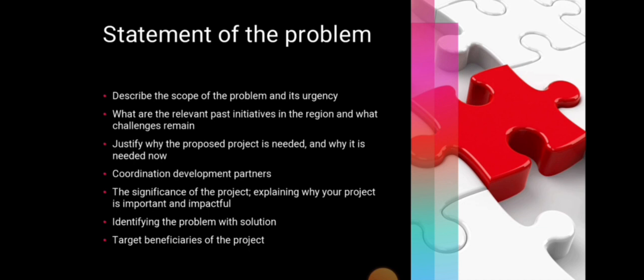Explain why your project is important and impactful. Identify the problems with solutions. And the target beneficiaries of this project, the direct beneficiaries and indirect beneficiaries and stakeholders of the project, should be discussed on this part.